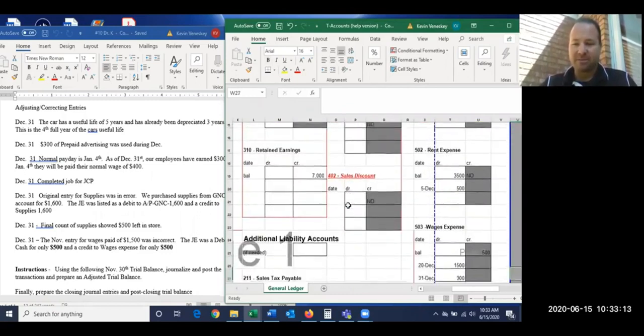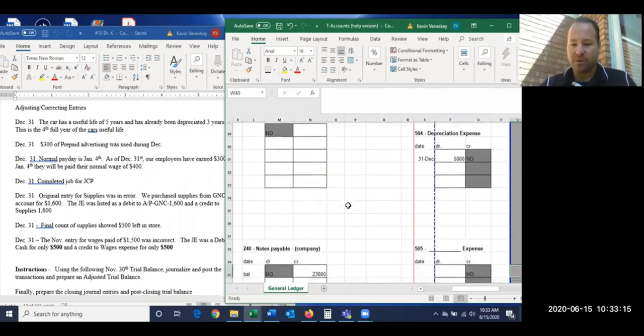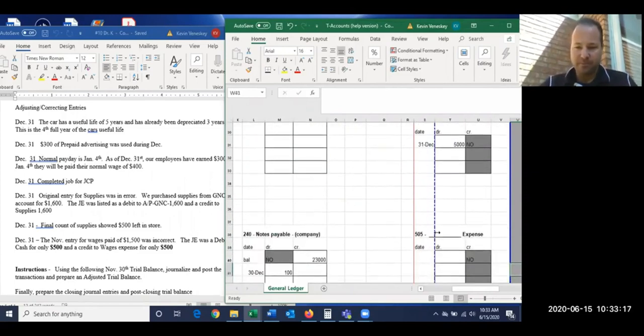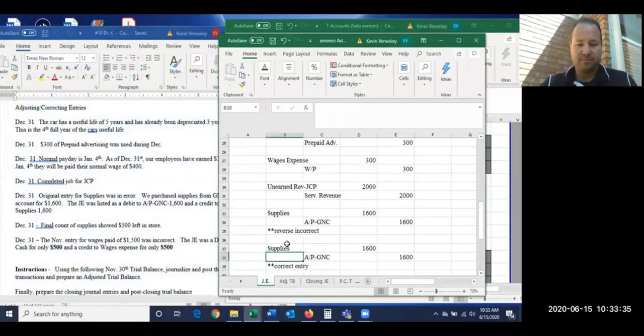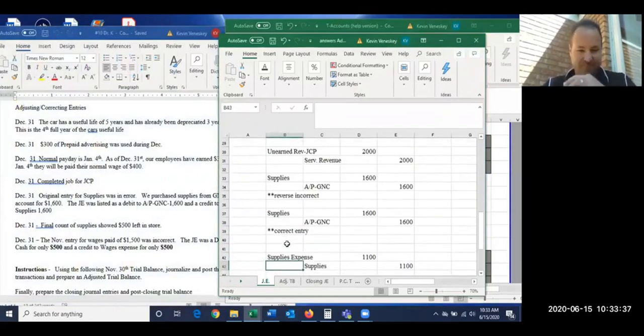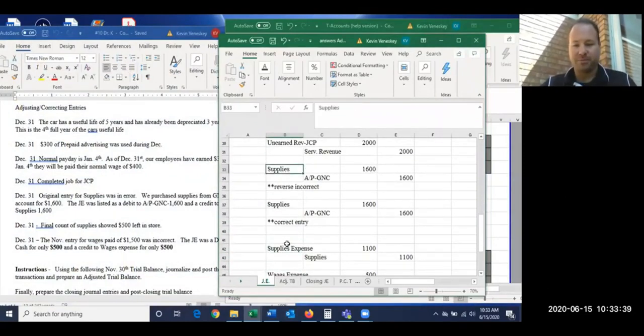I don't have a supply expense already going, so I'm just going to create one. Put it in here, supply expense, for $1,100. And here's my journal entry.